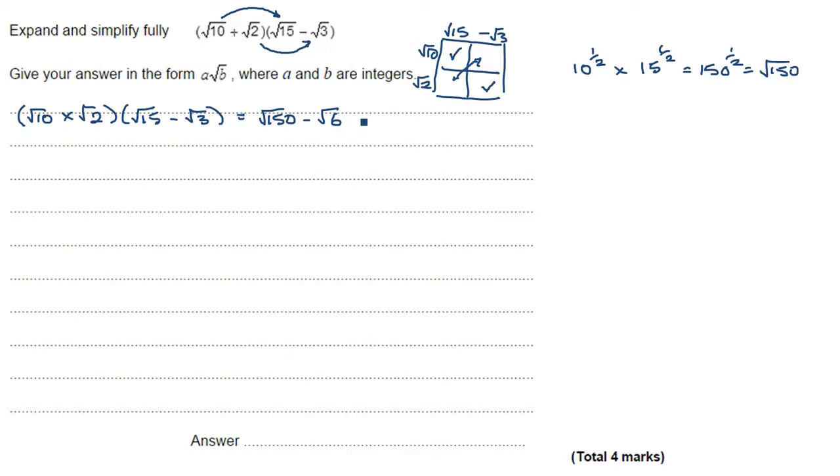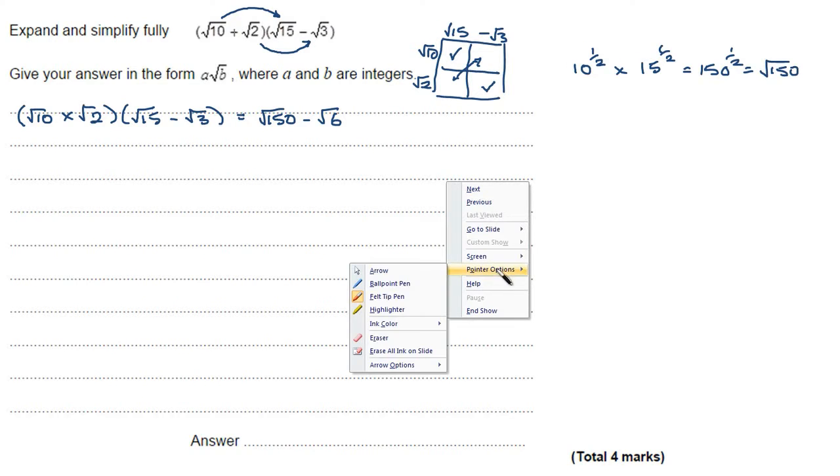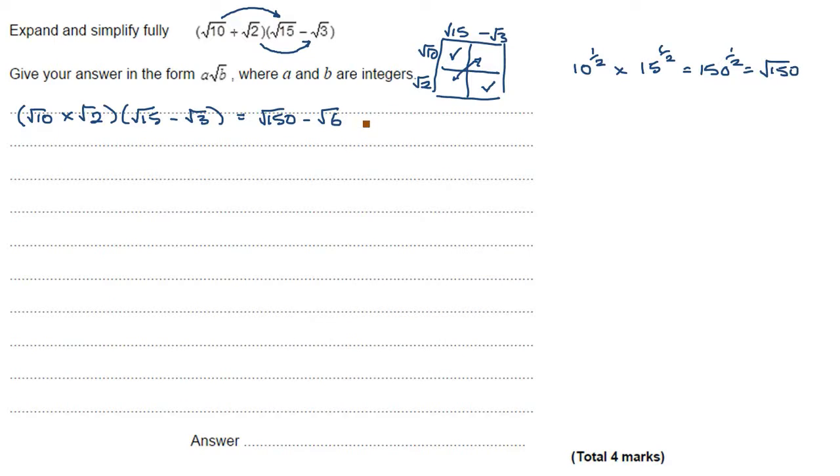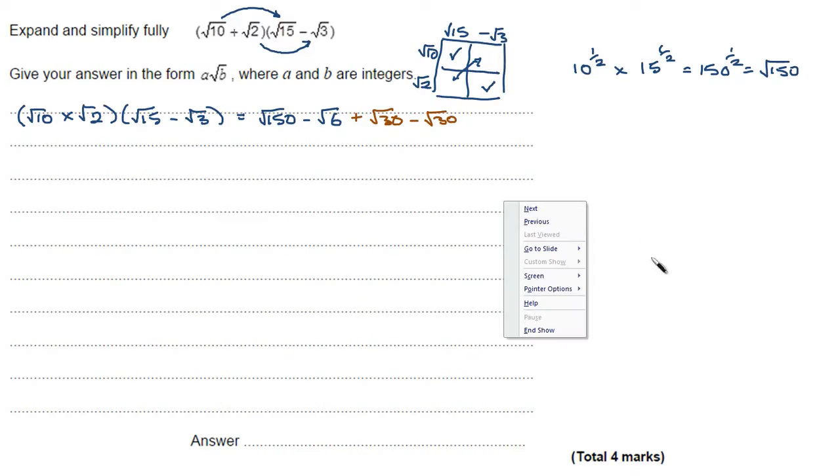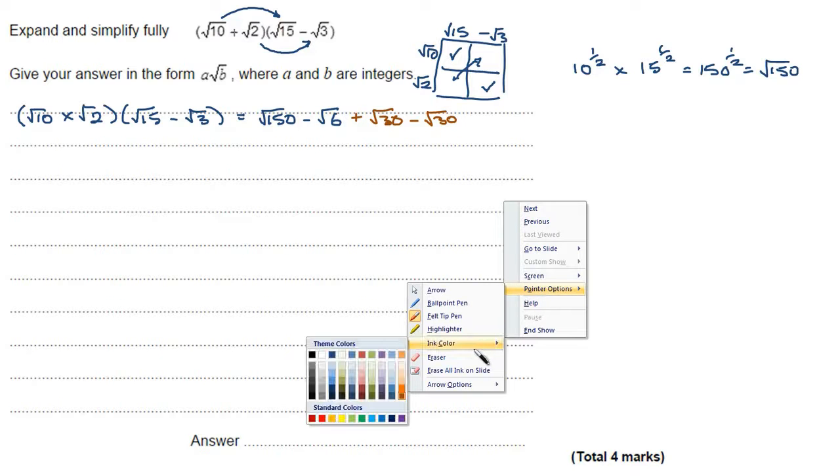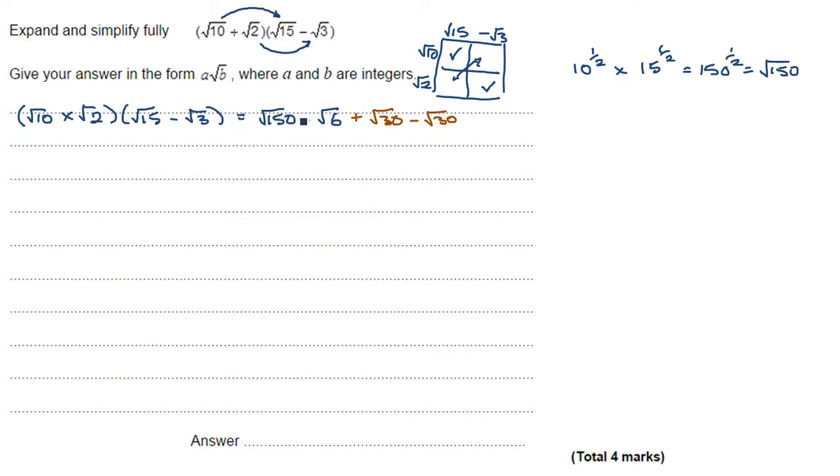Let's do those in another colour so that we can see that clearly. If we look at the inners here, we've got plus root 30, and the outer terms we've got minus root 30. So those can be eliminated.